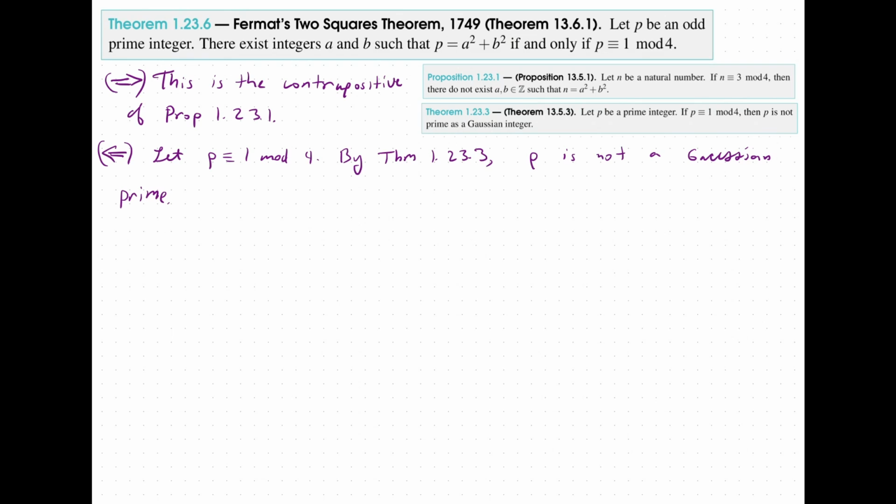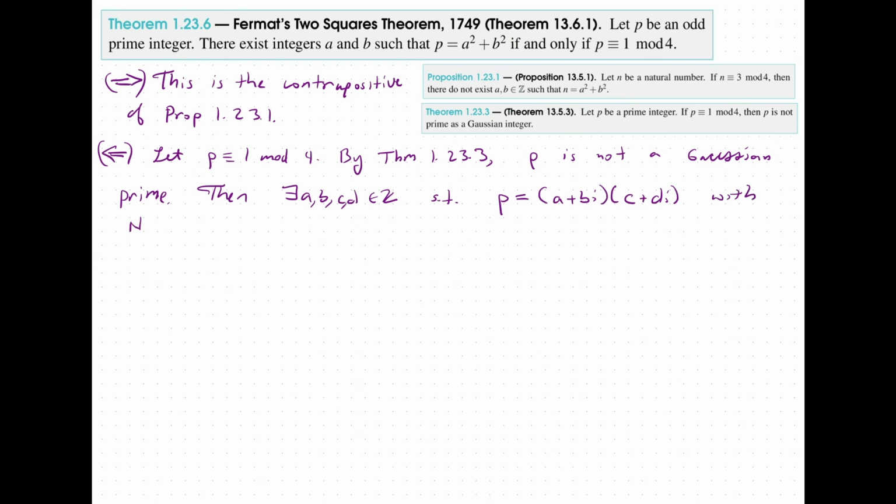Since it is not a Gaussian prime, we can find two Gaussian integers that are non-units in Z adjoin i, such that p is equal to the product of those two Gaussian integers. So there exist a, b, c, d integers such that p is equal to a plus bi times c plus di.